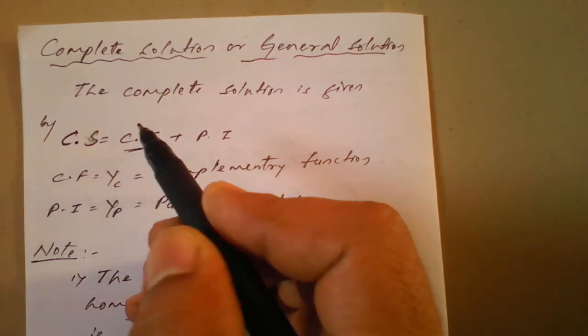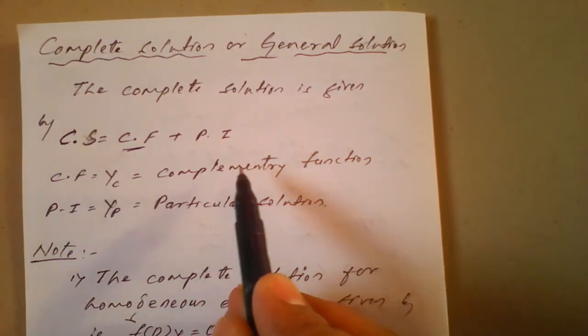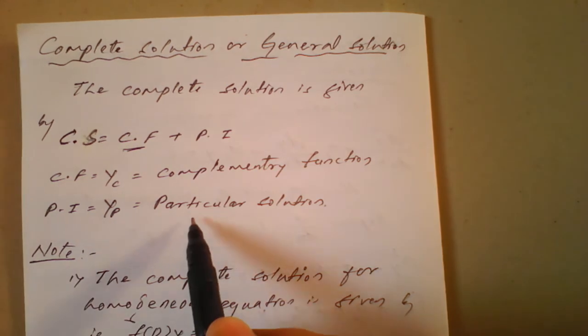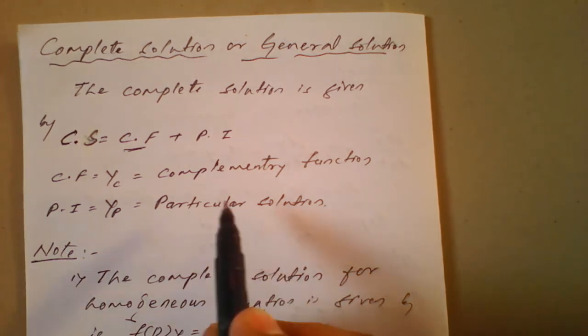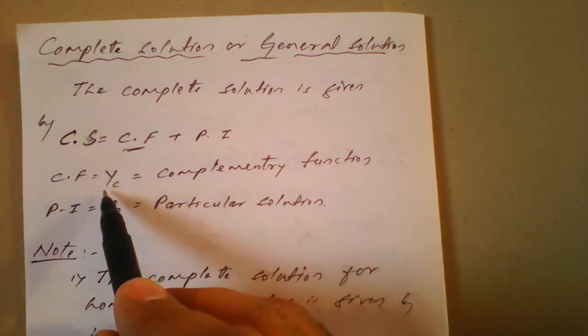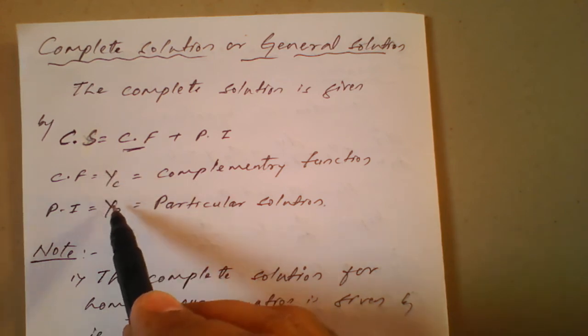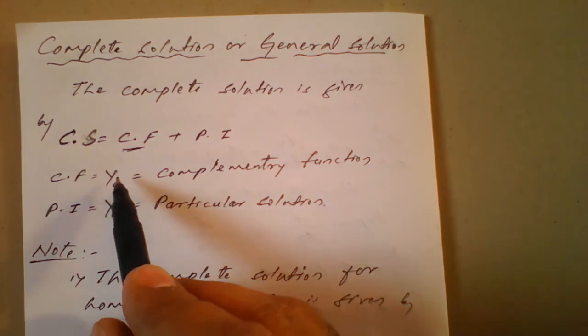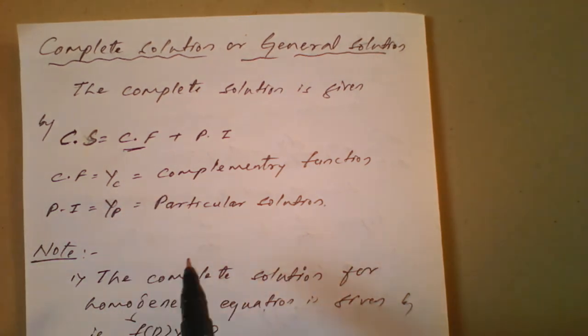CF is the complementary function and PI is the particular integral. If the given differential equation is a function of y, then we can denote them as yc and yp. We'll discuss more about this while solving examples.